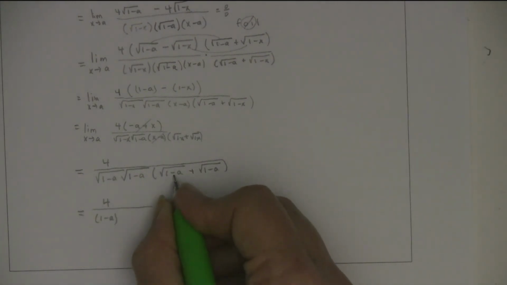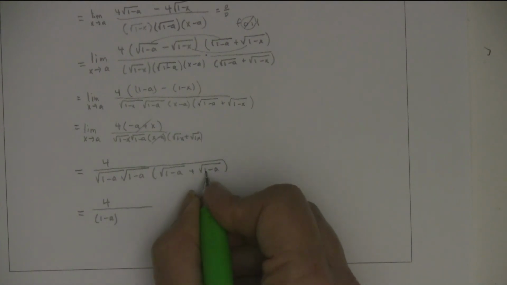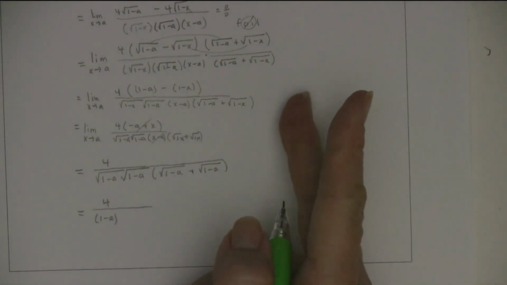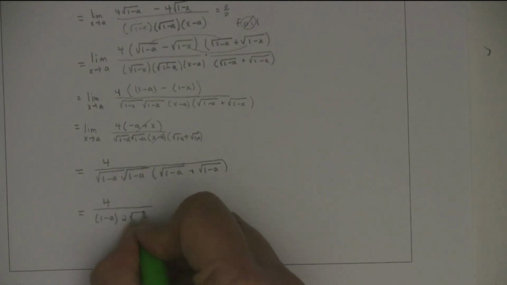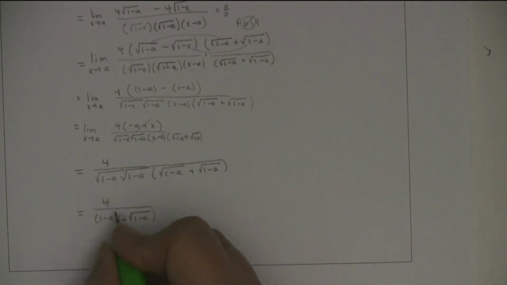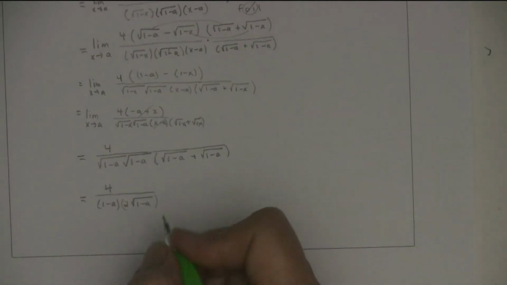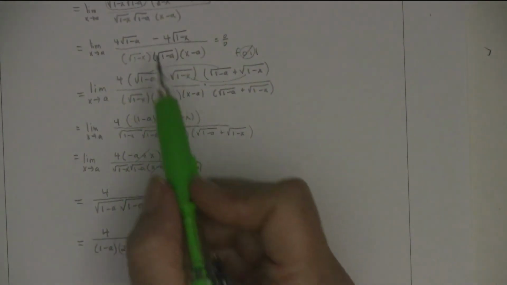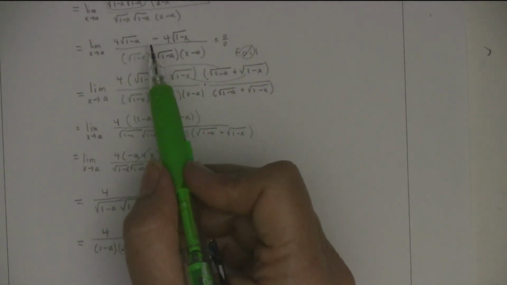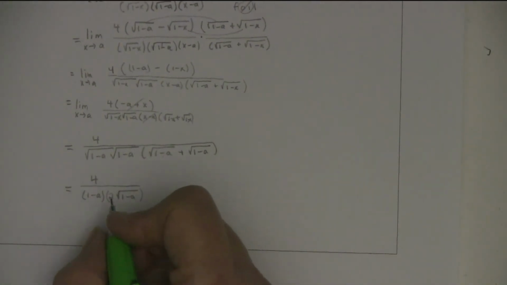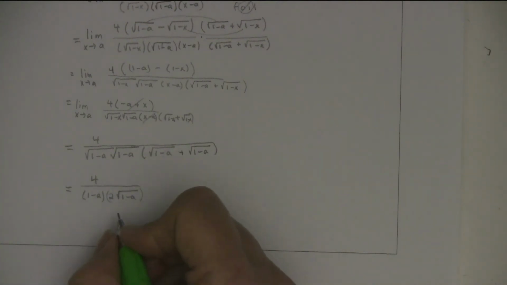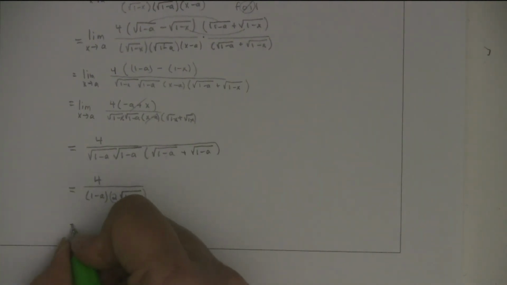And the square root of 1 minus a plus the square root of 1 minus a is 2 square roots of 1 minus a. And the 2 will cancel with the 4. If you had chosen to multiply by the conjugate and left the 4 in there, then you would have had more to cancel, but it would have still worked out the same. So the 2 and the 4 are going to reduce out and give me 2 in the numerator.